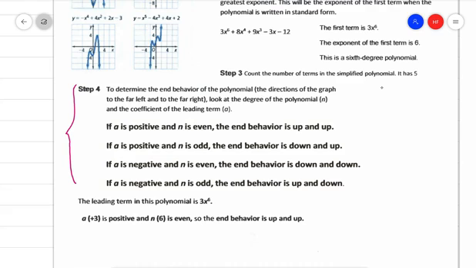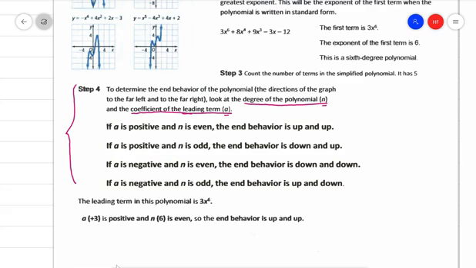So if A is the leading term's coefficient, and then the degree of the polynomial we're going to call n. So the end behavior is determined by the degree of the polynomial and the lead coefficient.